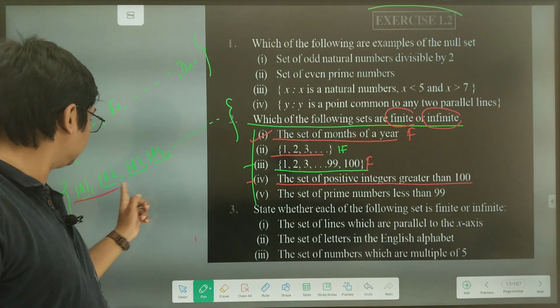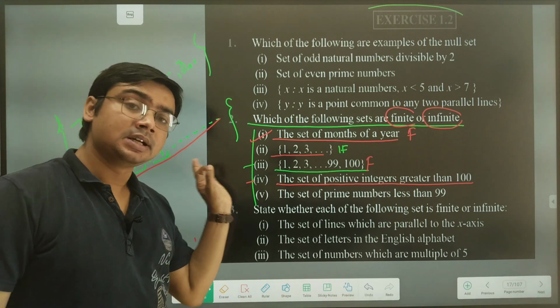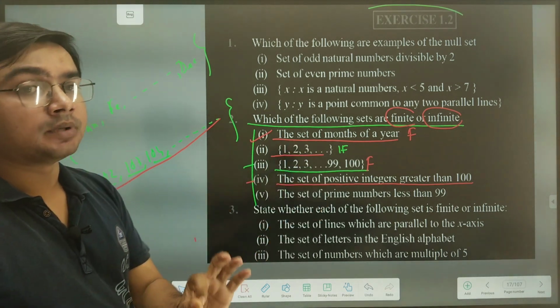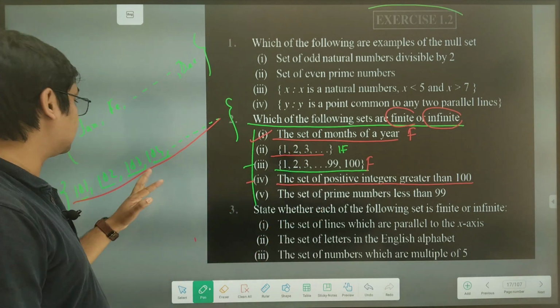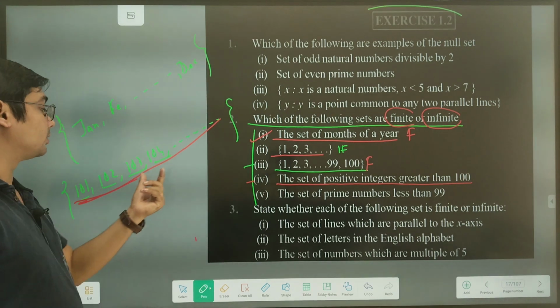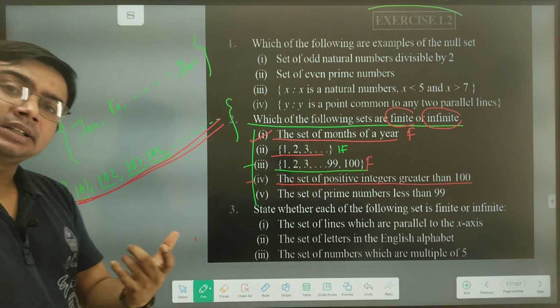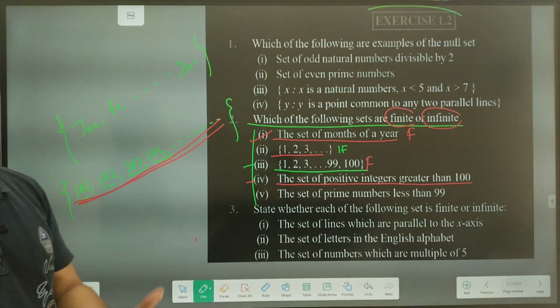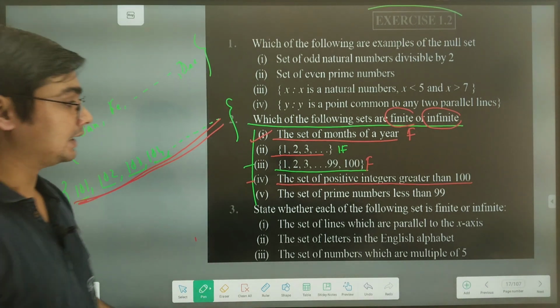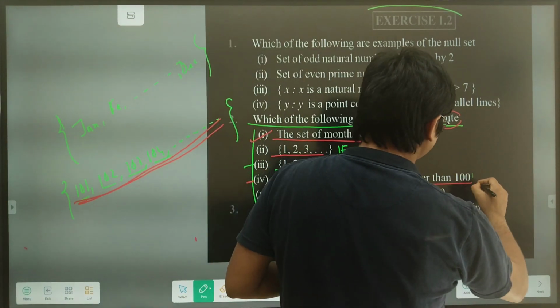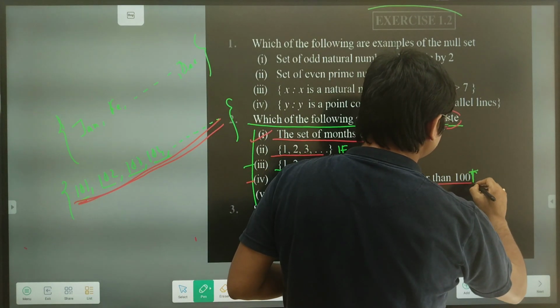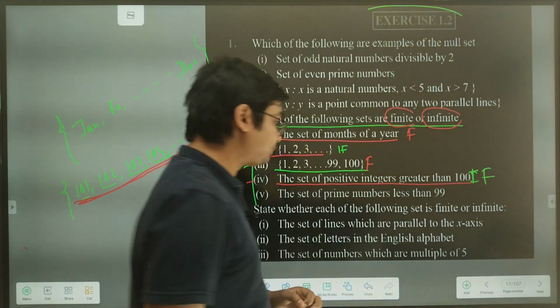How many such numbers will exist? There are infinite positive numbers greater than 100. So there are infinite number of elements, which means this is an infinite set.